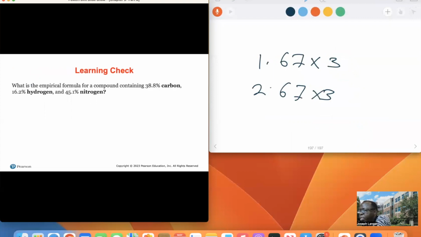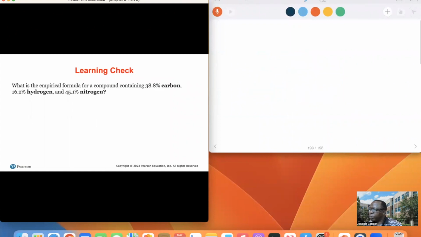And maybe here is an example on how to calculate the empirical formula. Let's see, what is the empirical formula for a compound containing 38.8 grams of carbon, 16.2 grams of hydrogen, 45.1 grams of nitrogen.